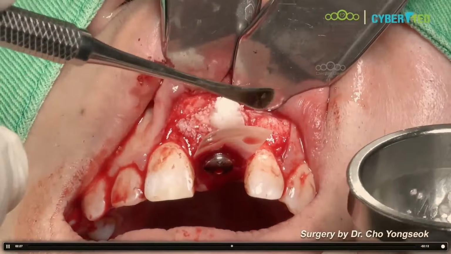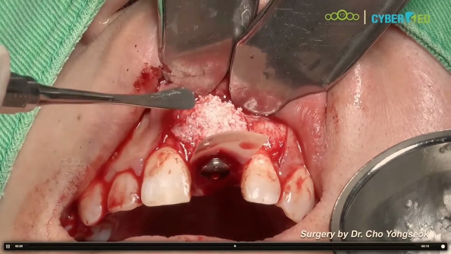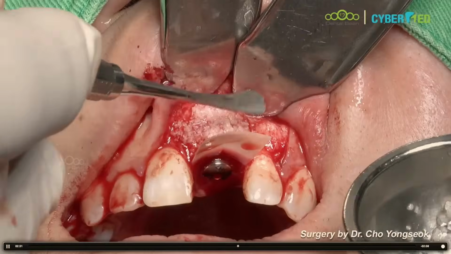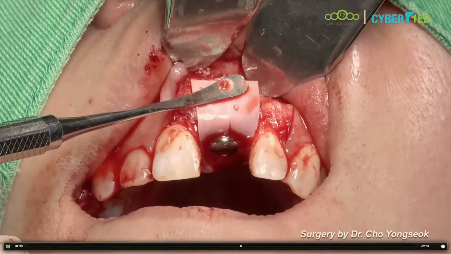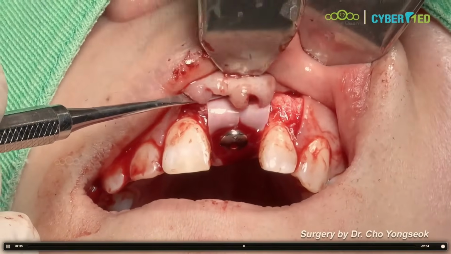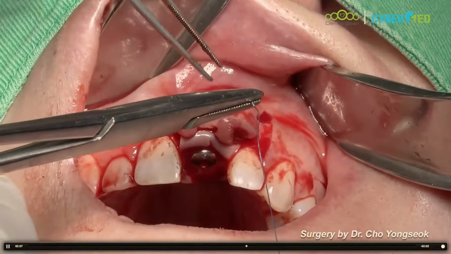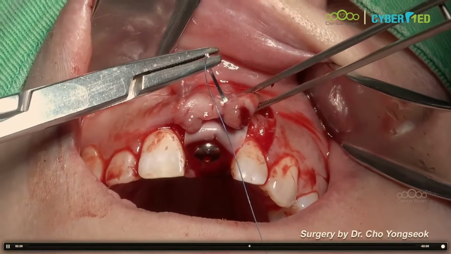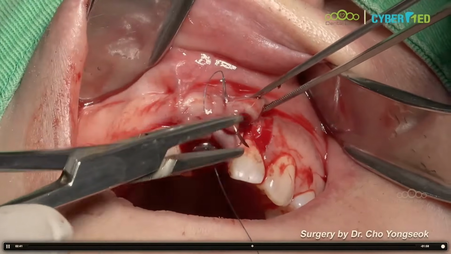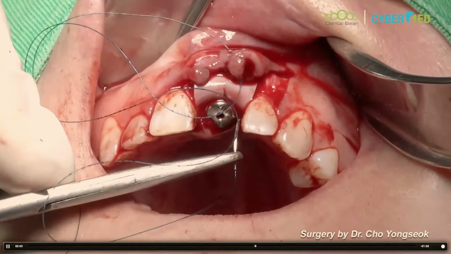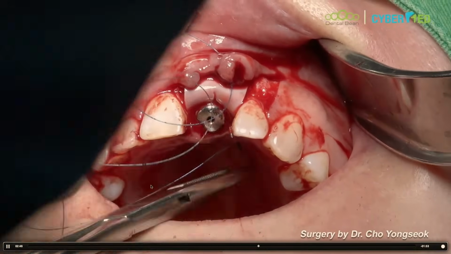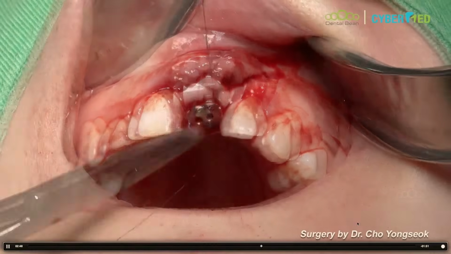Bone graft, approximate flap. In a type 2 extraction socket, when you open the flap, it is a GBR case. If you don't open the flap, sometimes you can omit GBR. Okay, lastly I approximated the flap and finished the surgery.